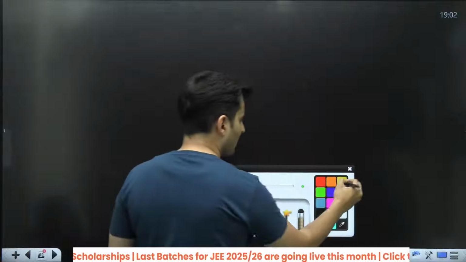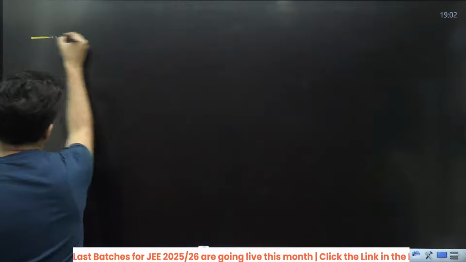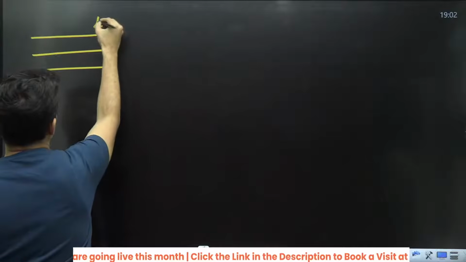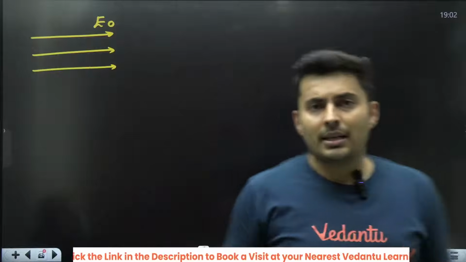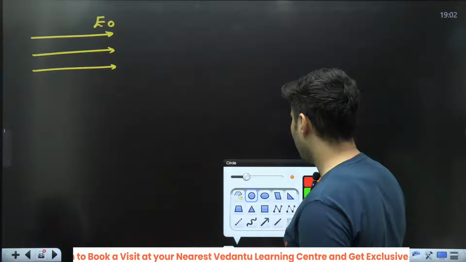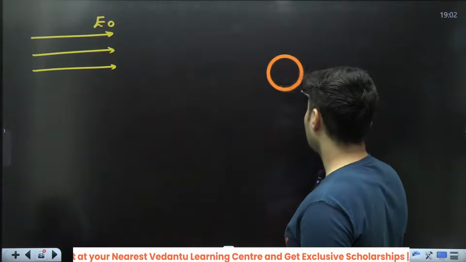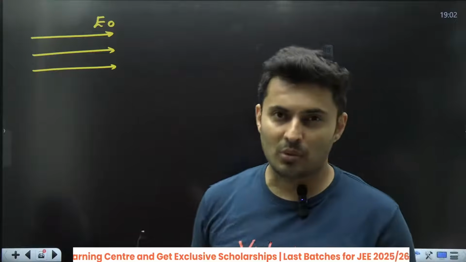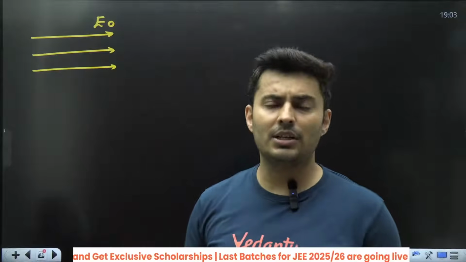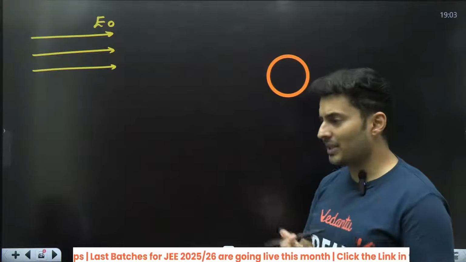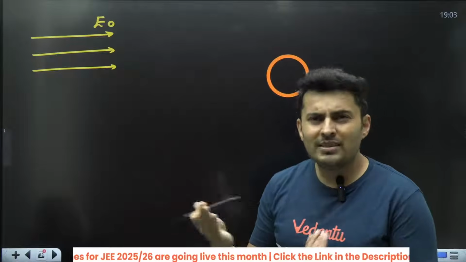See this. Imagine in vacuum, the electric field was, for example, E naught. Now, imagine there is an atom like this. An atom has positive charges, protons, and electrons, which are negative charges. Usually the positive and the negative centers coincide, but there could be some offsets.